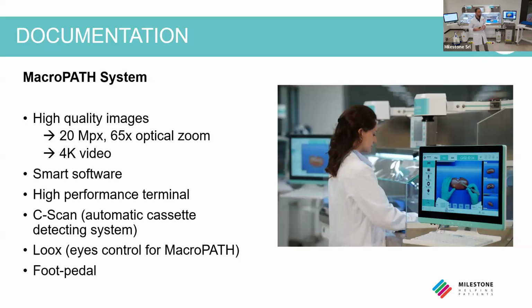Because we have the possibility to document not only the grossing activity, but also, in an automatic way, the cassette with the C-scan, which is an option. And also, Lux, mentioned there, is our unique system for controlling the MacroPath with the eyes, so definitely not touching the PC.